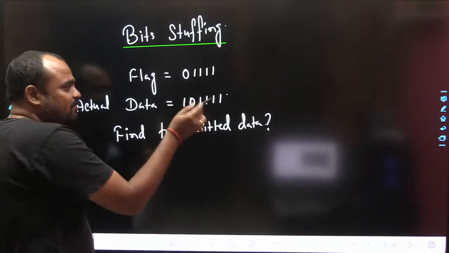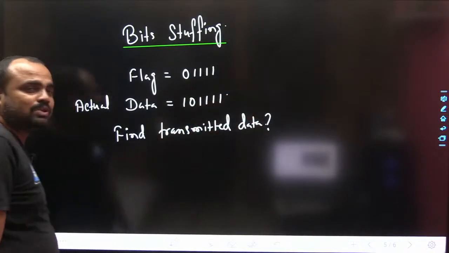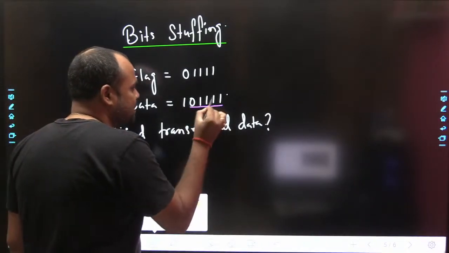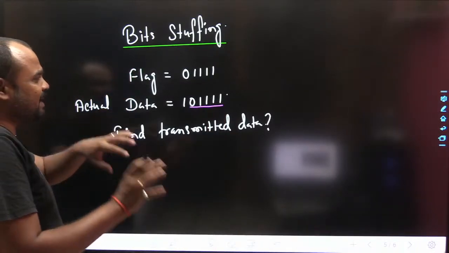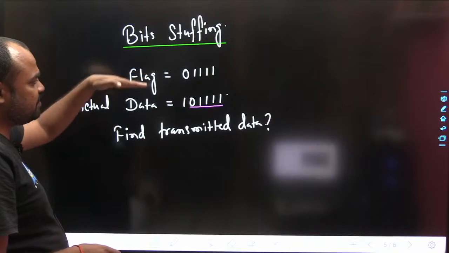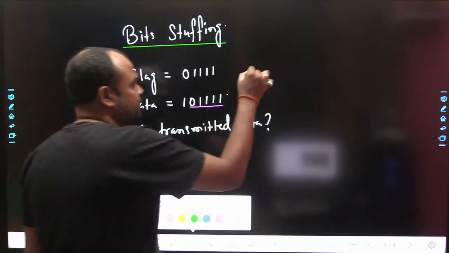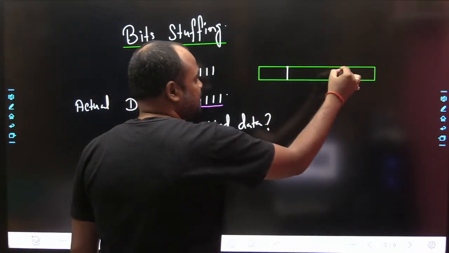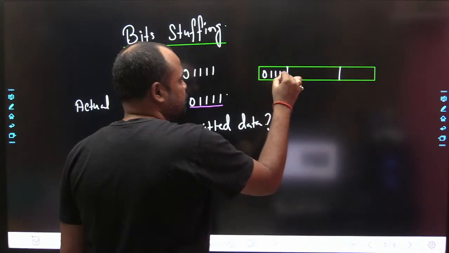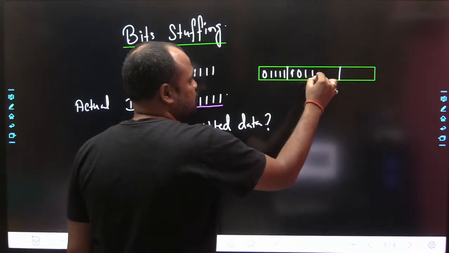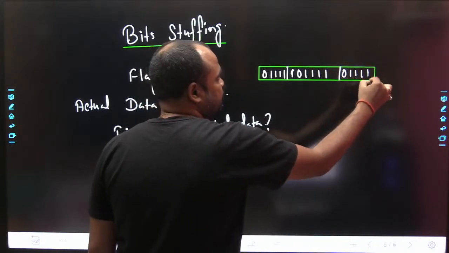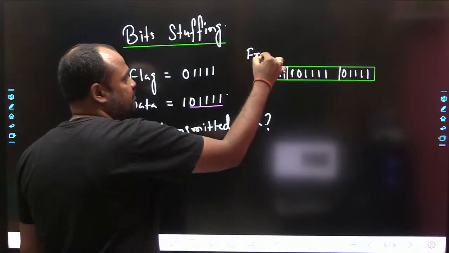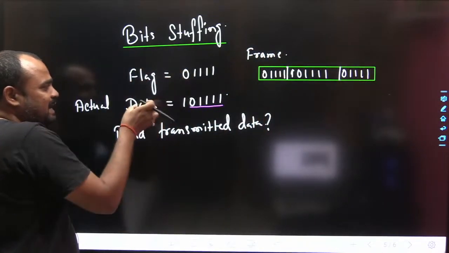but this actual data will never be transmitted through the packet or through the frame. Why? Because inside this data the flag pattern is appearing. Whenever you try to create a frame with the help of this flag and data, what will happen? Just see over here. This is the flag, and again this is the flag: 0 followed by 1 1 1 1, then again 1 0 1 1 1 1 0, and 0 1 1 1 1. So this is the frame created with the help of this flag and this data.